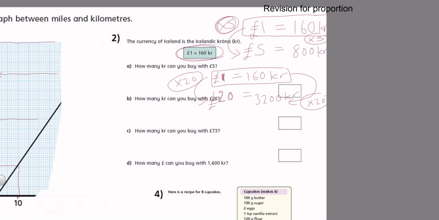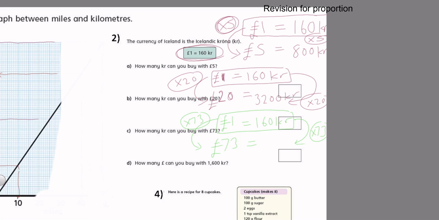This time, £73. Let me just write the exchange rate again. £1 is equal to 160 krona. Now I want to change £73 into kronas. Obviously you have to times by 73. What we do on this side, do on the other side. Times by 73 as well. 160 times 73.